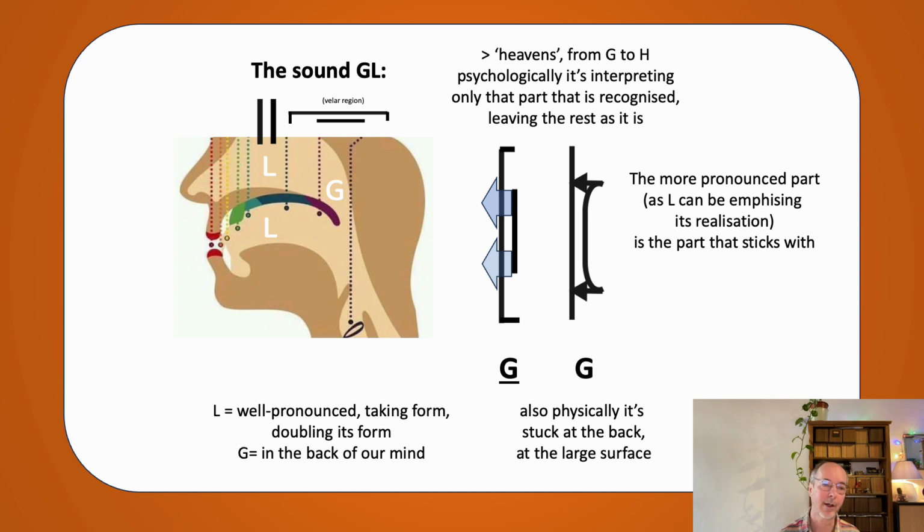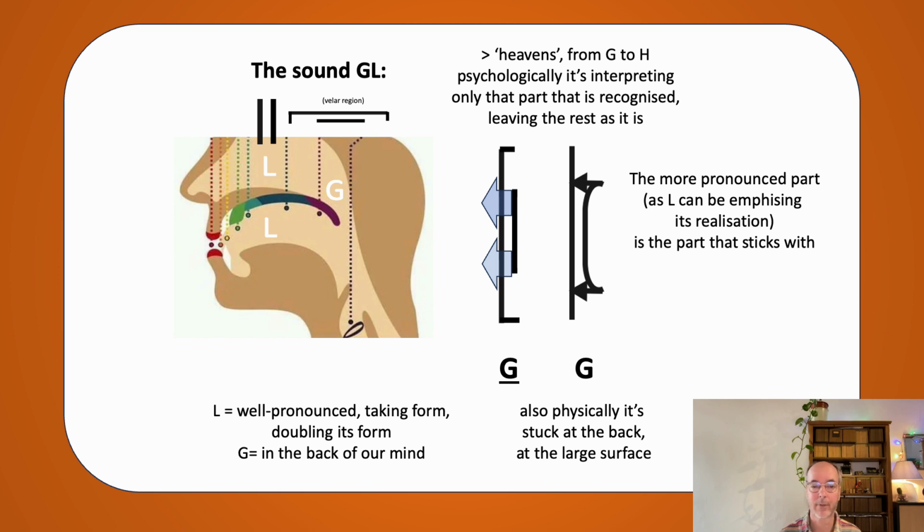So if we combine the G and the L, it will give us a specific orientation. The L is not just well pronounced, it is also taking form well, and it's doubling its form that way. The G is only that which is at the back of the mind.